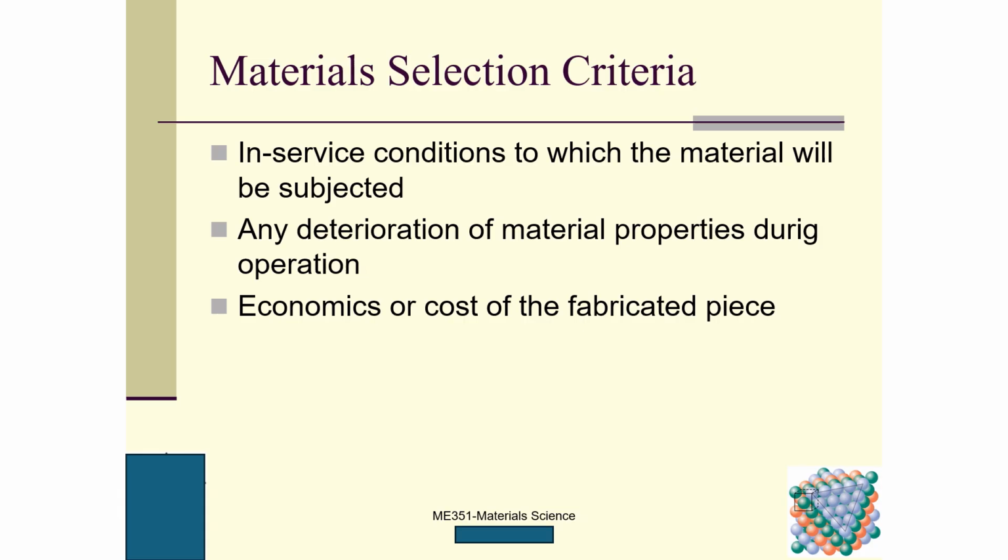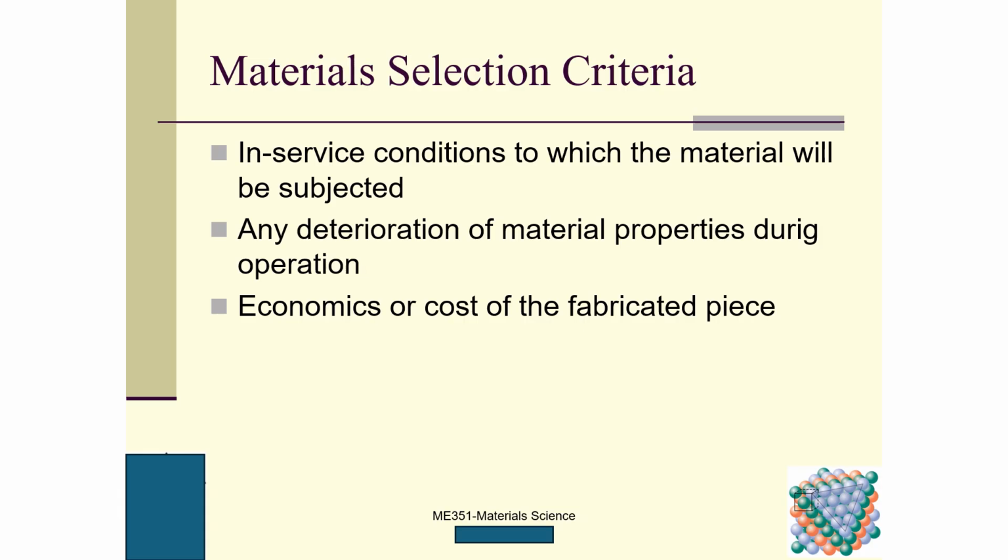You need to pay attention to what kind of in-service conditions you want this material to be used in. Otherwise, this material cannot satisfy these needs, and then you will have trouble. The components, the structure, will fail very, very soon if you do not pay attention to the in-service conditions.